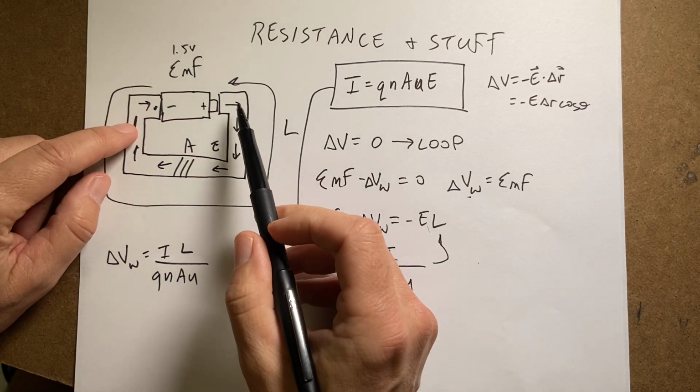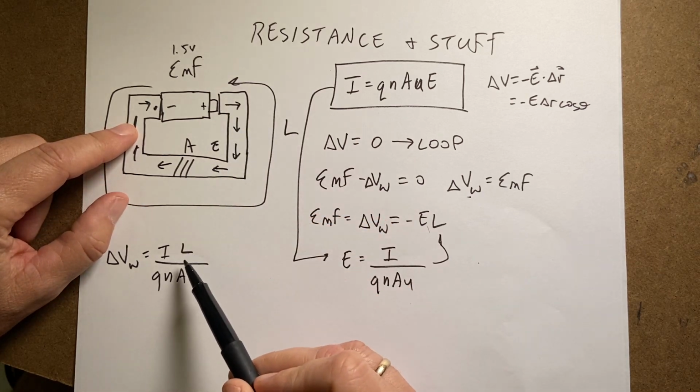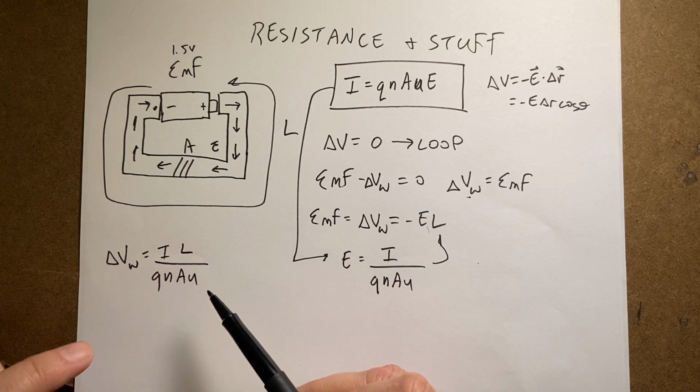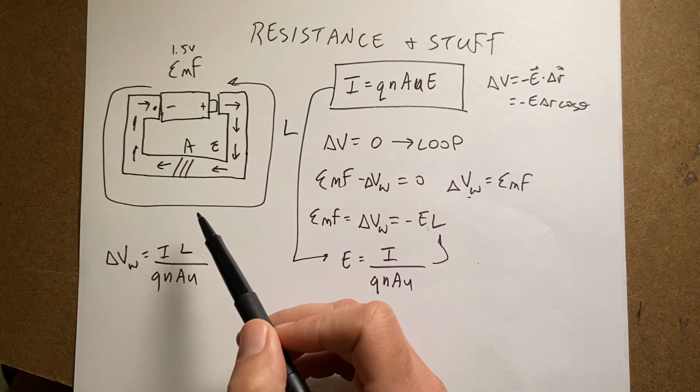So if this is one wire, then all of these properties right here, L, the q, the n, the A, and the u, don't really change. They're properties of that particular wire.